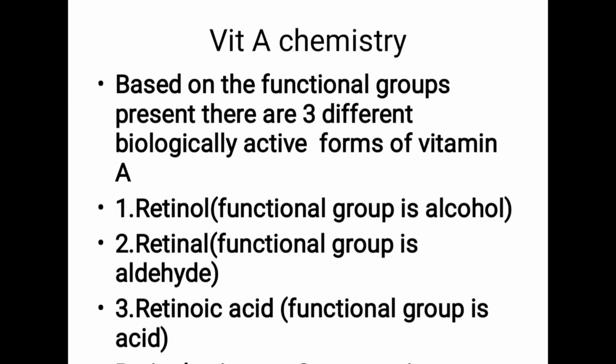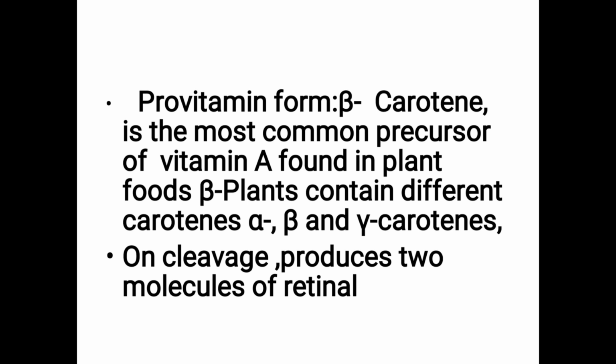What are the three biological forms? Retinol, retinal and retinoic acid. Now, what is the provitamin form of vitamin A present in plants? The provitamin form of vitamin A present in plants is carotenes.